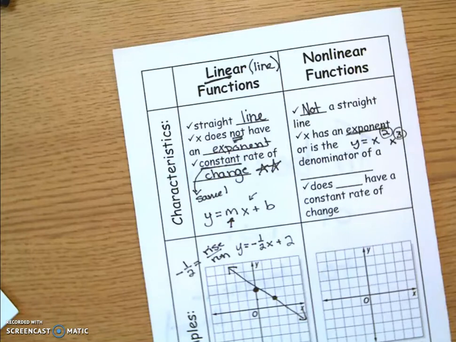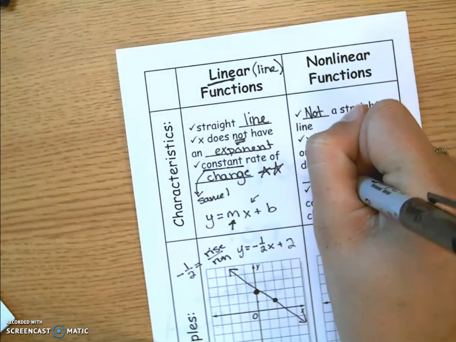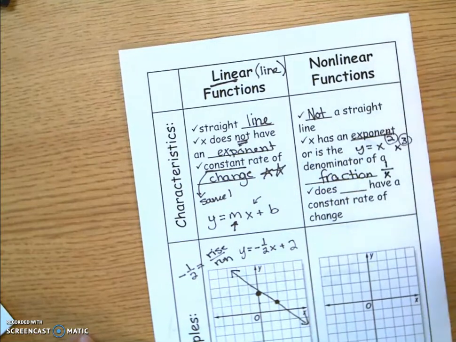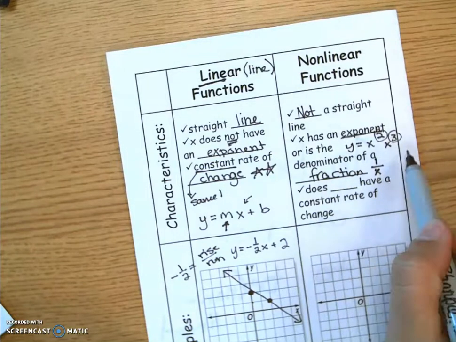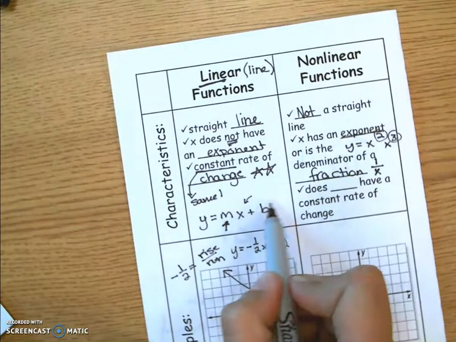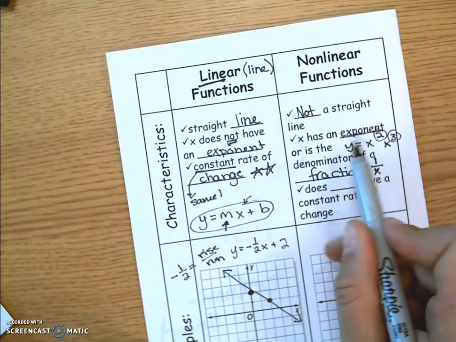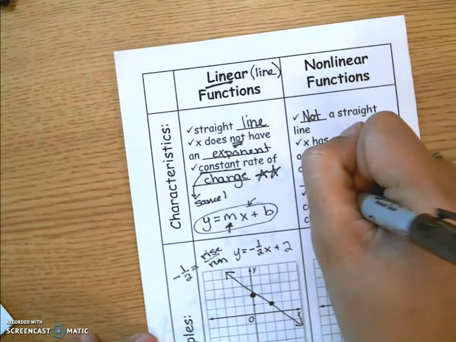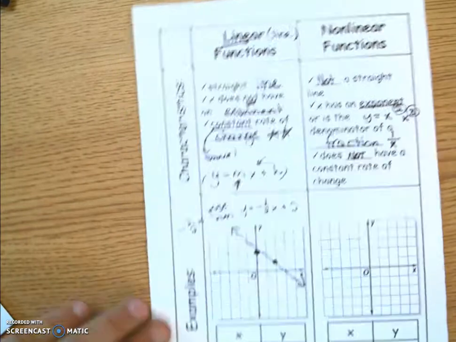Or they have a denominator of a fraction. So my x is on the bottom, like I'd have 1 over x, or something crazy like that. So these are all nonlinears. Remember, linears always fall in this form, y equals mx plus b. Nonlinears have crazy things going on. And last but not least, it does not have a constant rate of change. Its rate of change is changing.